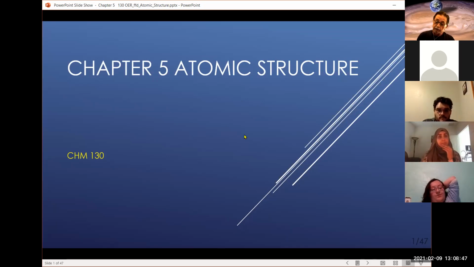So we have that model: protons and neutrons in the center nucleus, and then electrons floating around someplace. We don't know quite yet where these electrons are until we start dealing with other scientists. Before I proceed, we talked about the size of the electron relative to the proton and neutron.